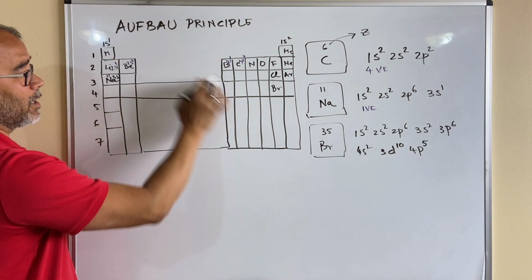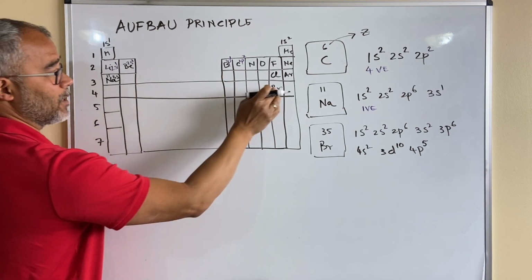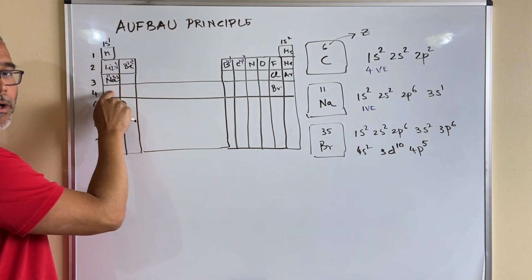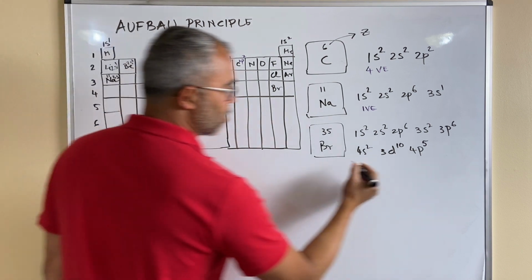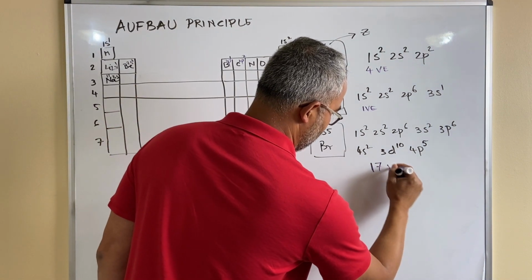Everything in this block, there are actually 10 columns. So that's 10 plus 5, 15, and then 2 more before you can hit argon. So that's 17. So bromine actually has 17 valence electrons.